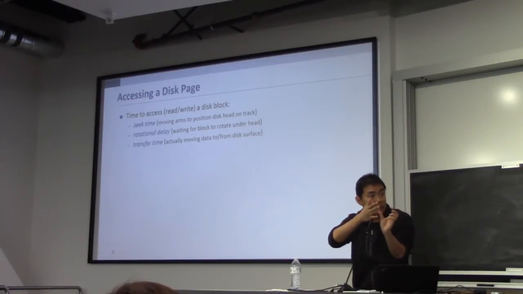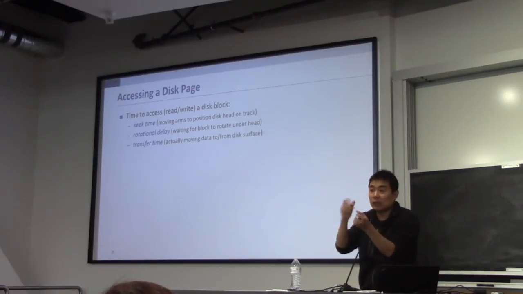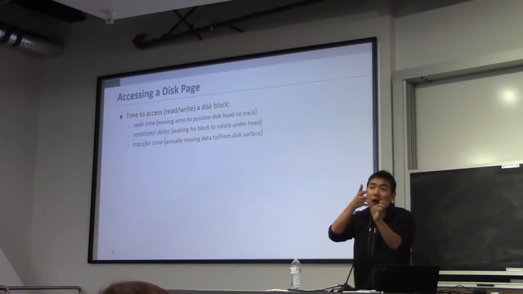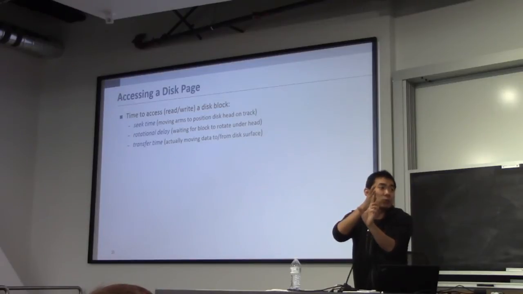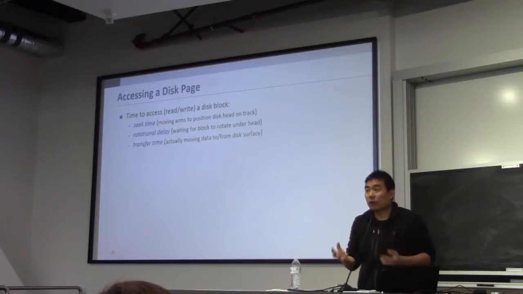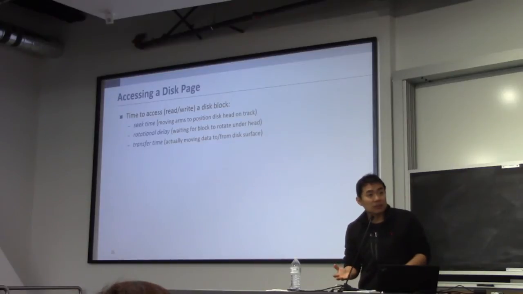You can start reading right away. So your rotation delay is 0. You don't wait for any rotation. The worst case is what? Once you move the head of the arm to the right track, the block you're trying to read has just finished rotating over that particular position. You have to wait for a whole rotation before you can start reading data from that block. That's the worst case. Does that make sense?